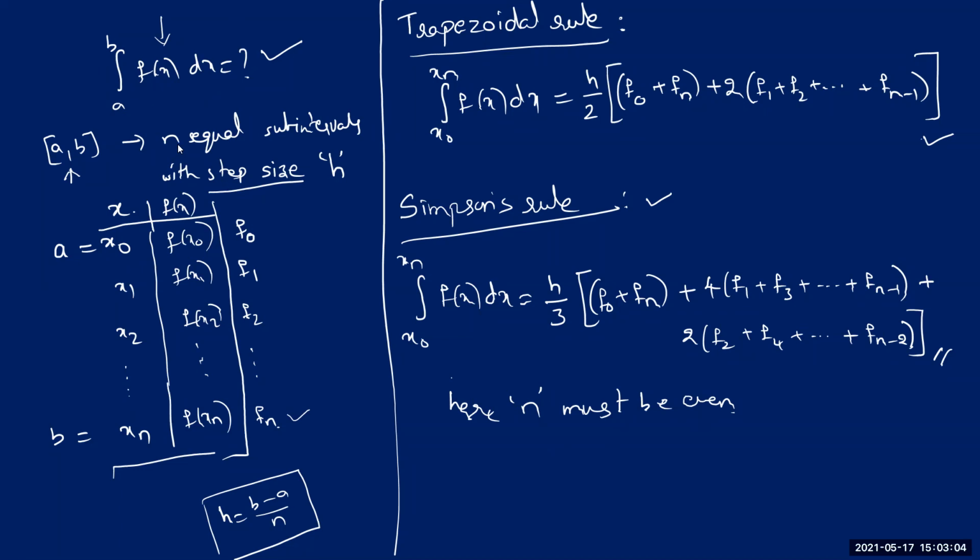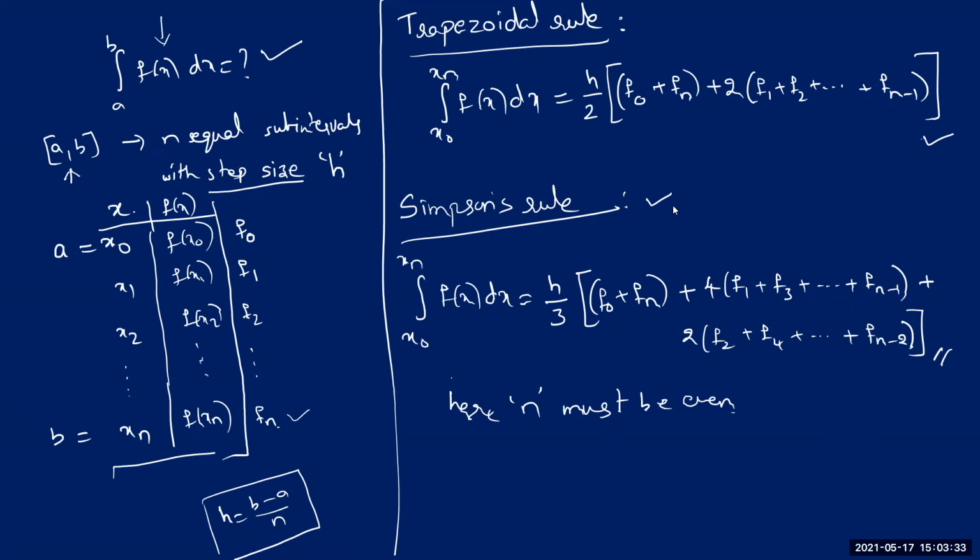But one condition, please remember: because you are approximating the original function by a second degree curve, a parabola, while deriving Simpson's rule, the number of subintervals must be even. Because that is always 2 times the original thing, as you're approximating every time by a quadratic curve. That's how the number of intervals must be even.